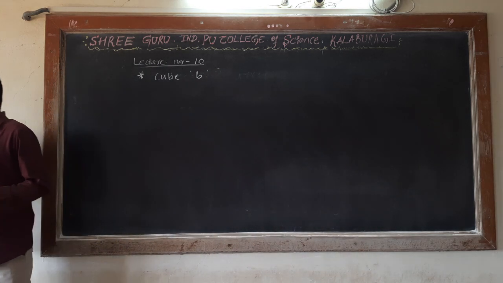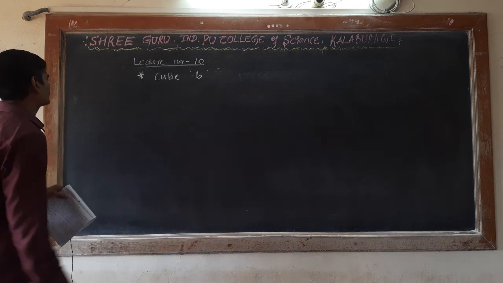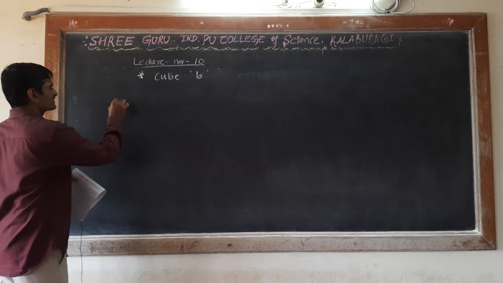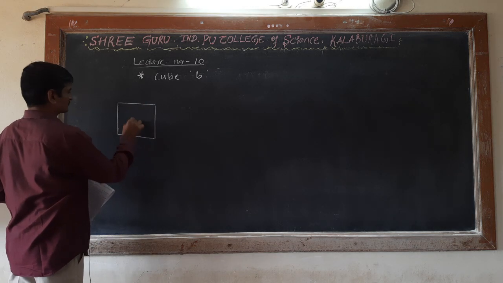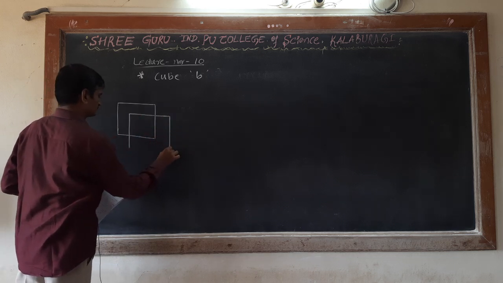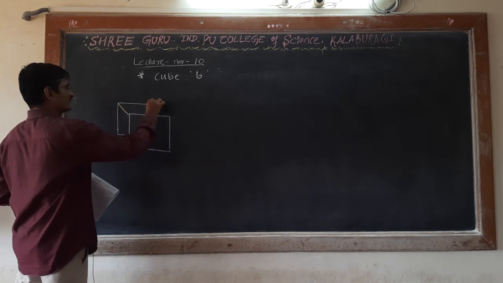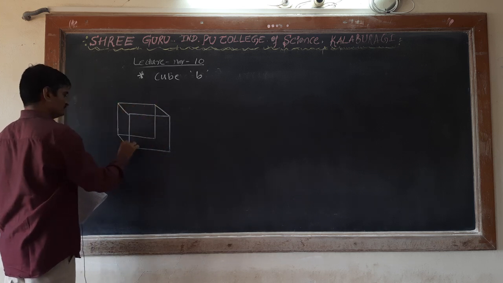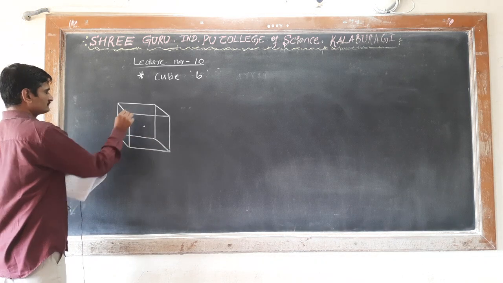So a cube is there, and the side of the cube is b. I will just roughly draw a cube. So see this as a cube.